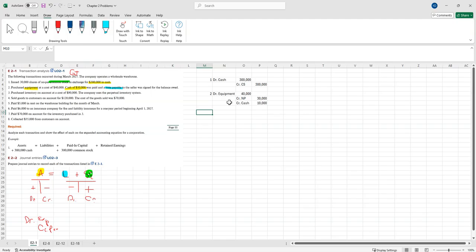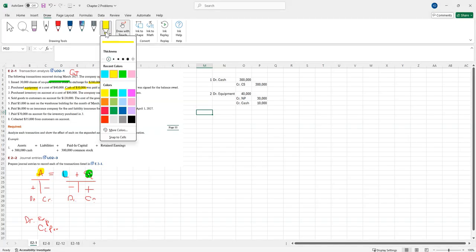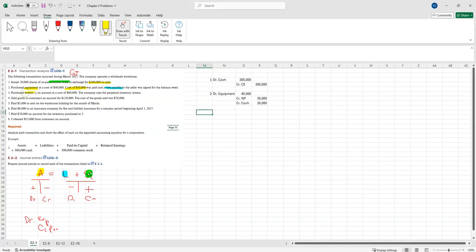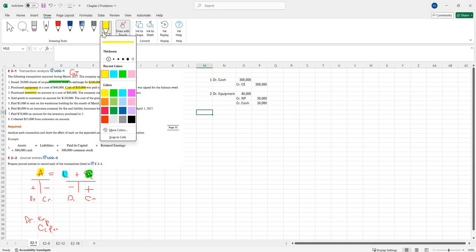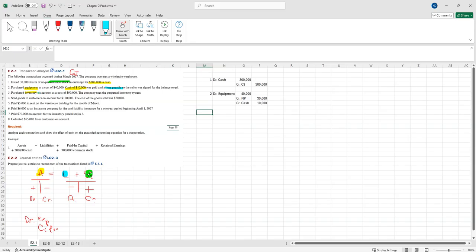All right, let's look here. It looks like we bought inventory at a cost of $90,000. It's inventory, but it's on account, which is basically saying, hey, we tell the person we will pay them later. We use a perpetual inventory system.